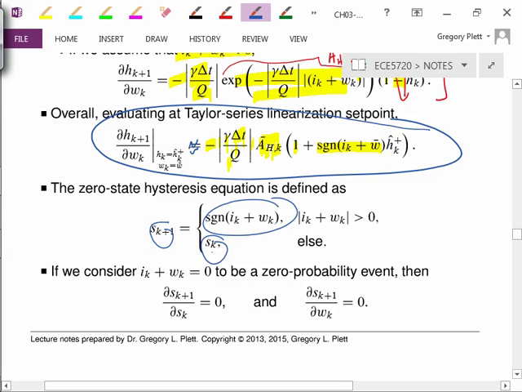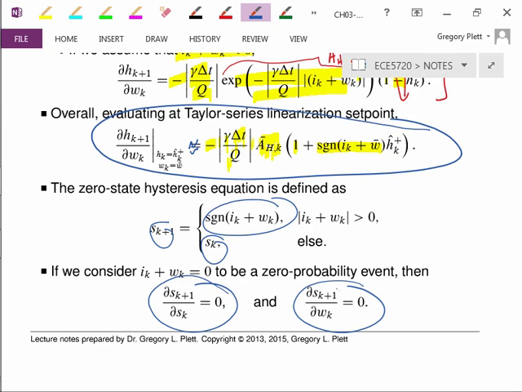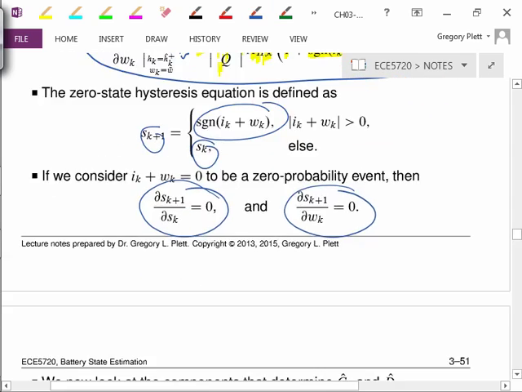Well, getting a negligible current can happen, but here, let's suppose it's a 0 probability event. And in such a case, I just simply say, let the partial be 0 with respect to both of those. That's a choice as well. If it wasn't a 0 probability event, then I would have to do this differently.